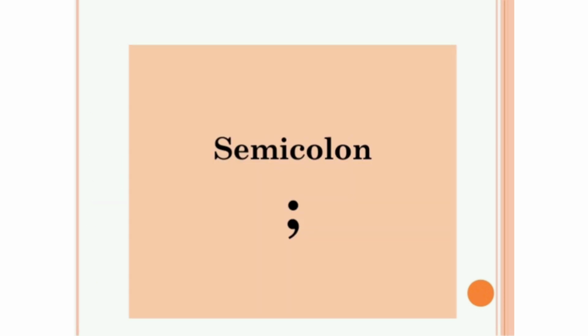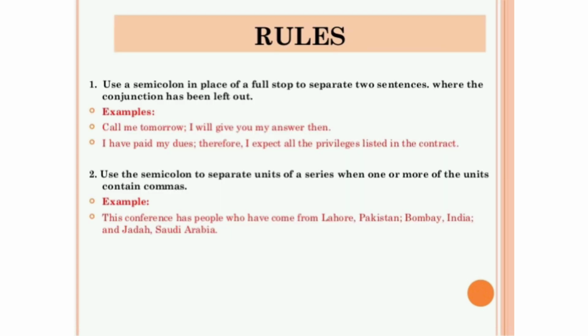Semicolon. Okay. A semicolon is used in place of a full stop to separate 2 sentences where the conjunction has been left out. You know the conjunctions and, or. So instead of these conjunctions, we use a semicolon to join 2 separate sentences. Let's look at the example. Call me tomorrow; I will give you my answer then. These 2 sentences are joined with this semicolon.